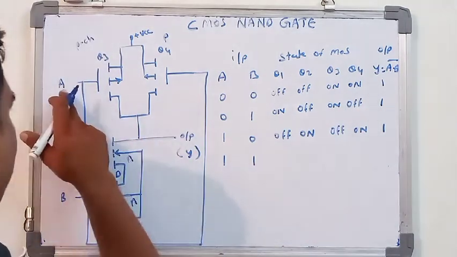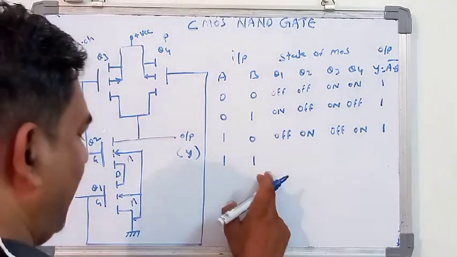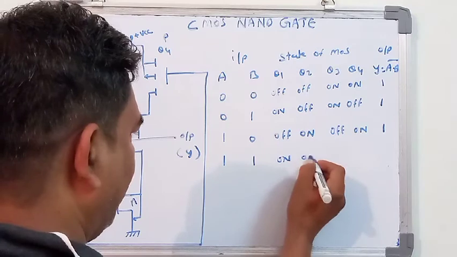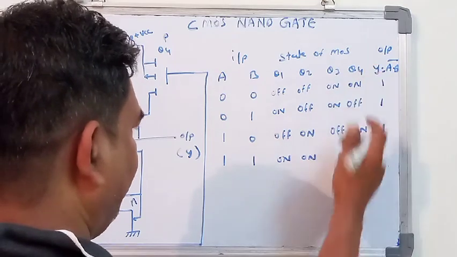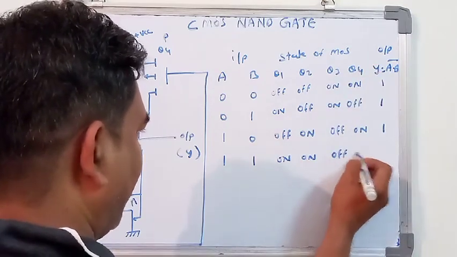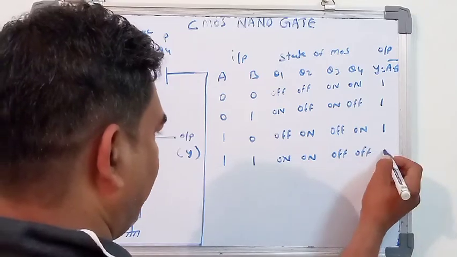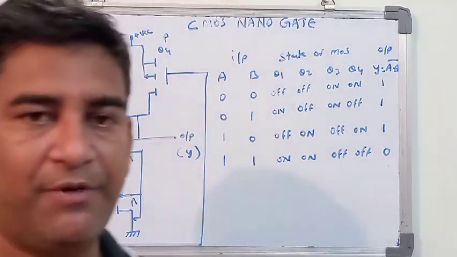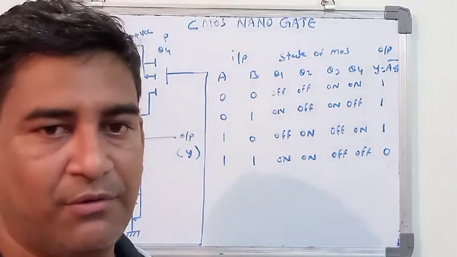When both the inputs, A and B, are 1 and 1, Q1 and Q2 are in an on condition, and Q3 and Q4 will be in an off condition, and that's why the output will be 0.